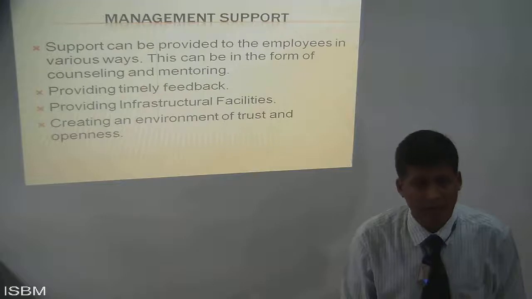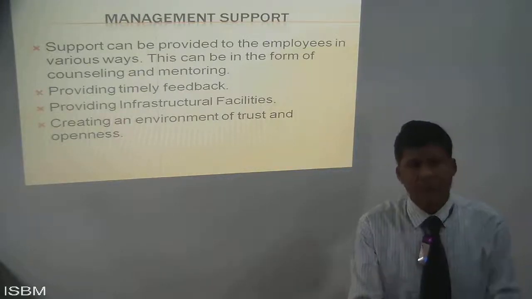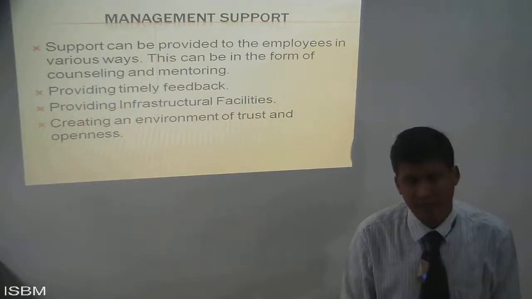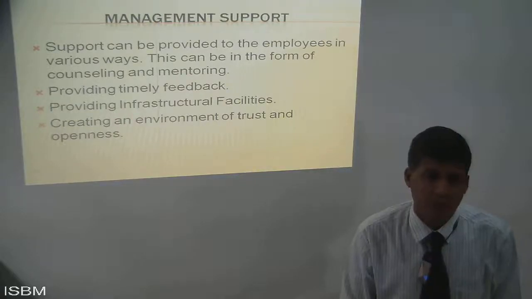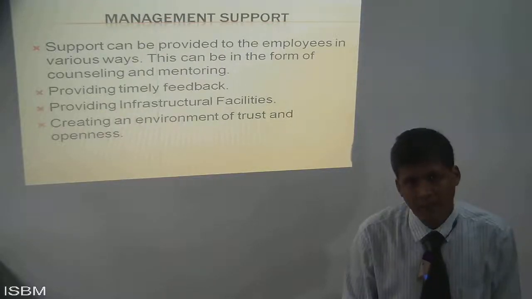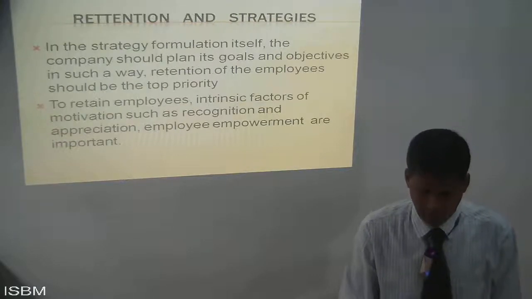It could be about a clean environment, the laboratories, the systems, software which are up to date as per the industry norms, which are fast, which are easily learnable as well, and also creating an environment of trust and openness. Now, trust, they say, is just a five-letter word, but carries a lot of weight. When we say carries a lot of weight, it means that trust needs to be given and developed as far as the employer-employee relationship is concerned.